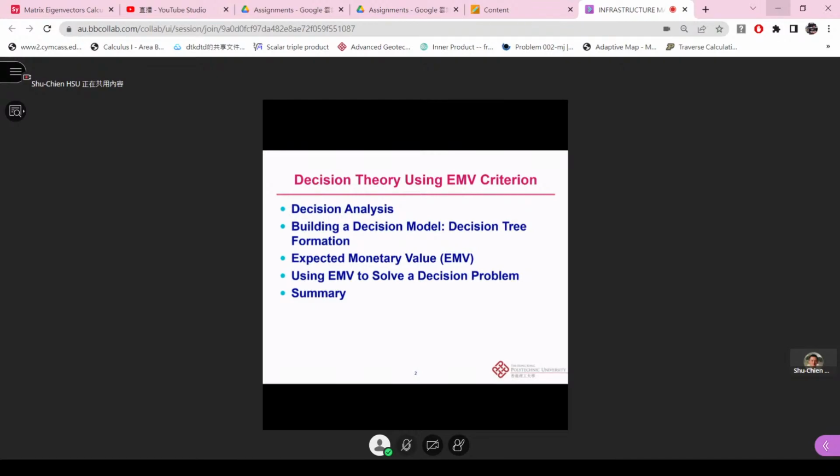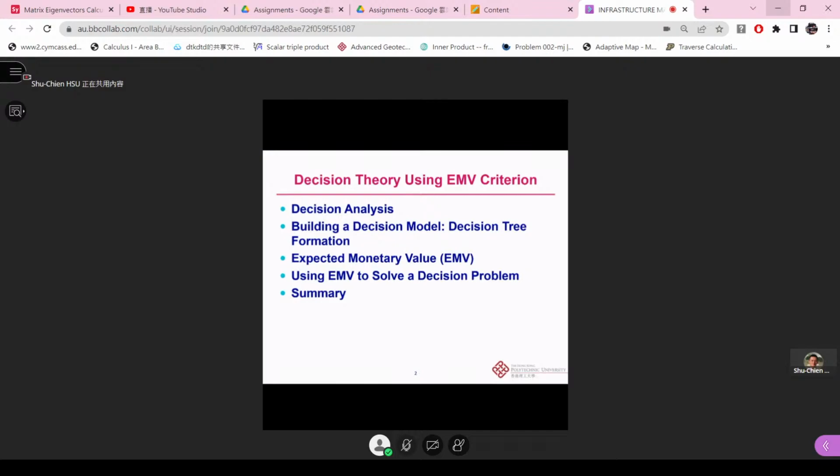We also think about where the uncertainty is, and other external factors like environment, social, weather, or natural factors. We can still convert those alternatives into dollar value, but we can consider even more. That's why we talk about the EMV criterion and the decision tree here, and I will show you how we can do that.